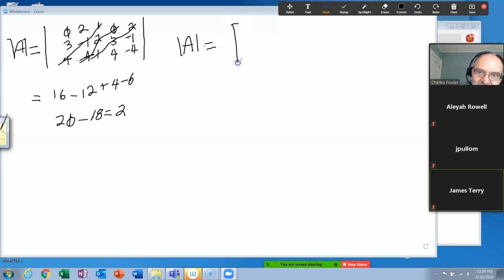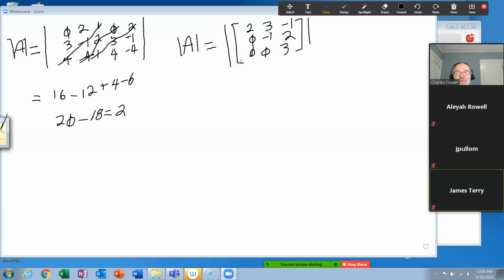I'll put the brackets in first, and then it's a 2, a 3, and a -1, a 0, a -1, and a 2, and a 0, 0, 3. There's your matrix, and we're going to try to take a determinant of it.